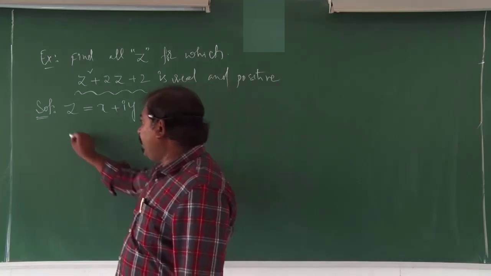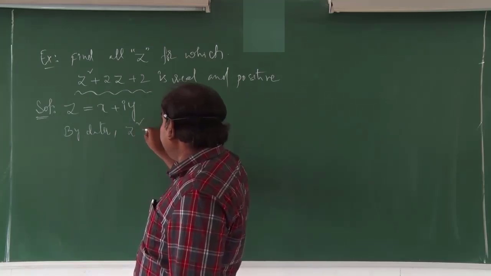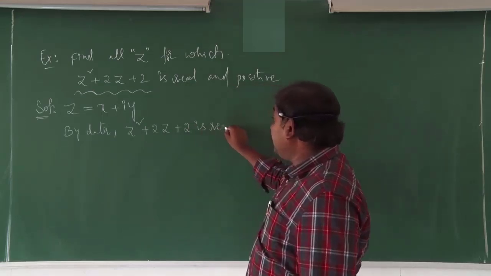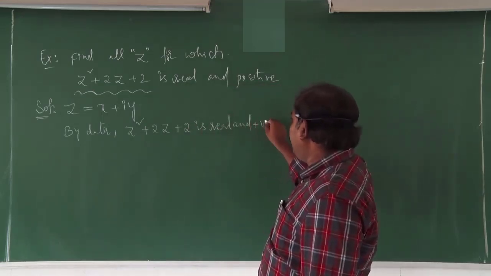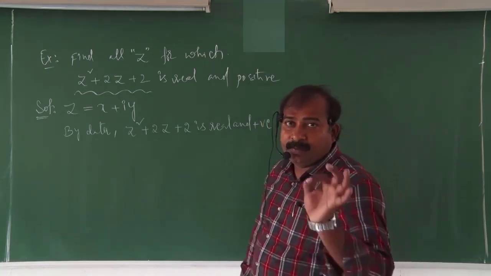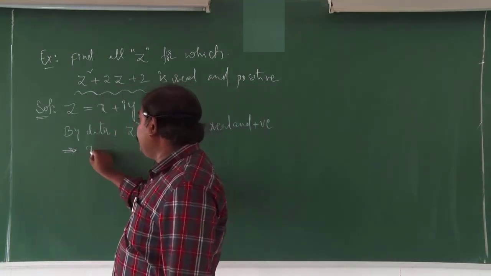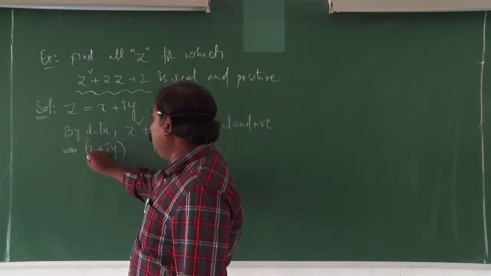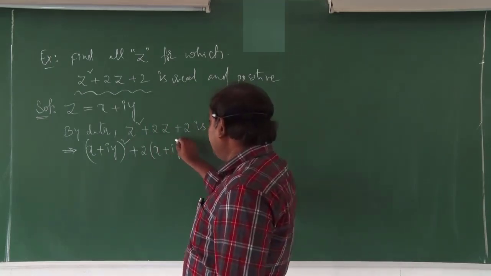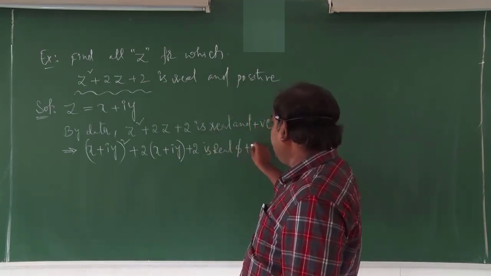Now by data, what is the given value? z square plus 2z plus 2 is real and, what they given? Positive. By data, this whole value is real and positive. Now replace the value. That implies z square means x plus iy whole square plus 2 into x plus iy plus 2 is real and positive.